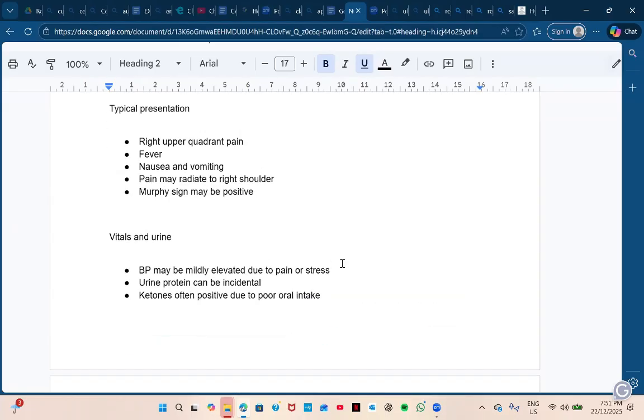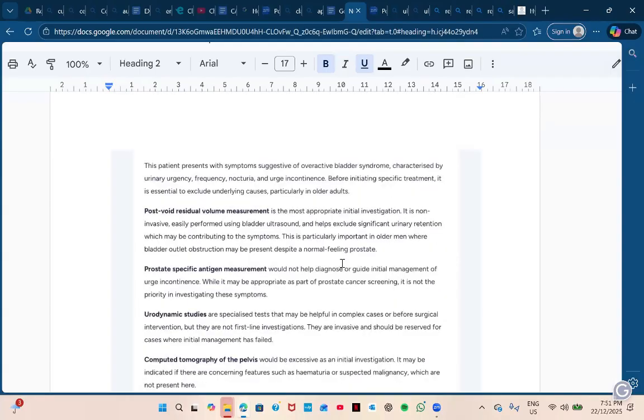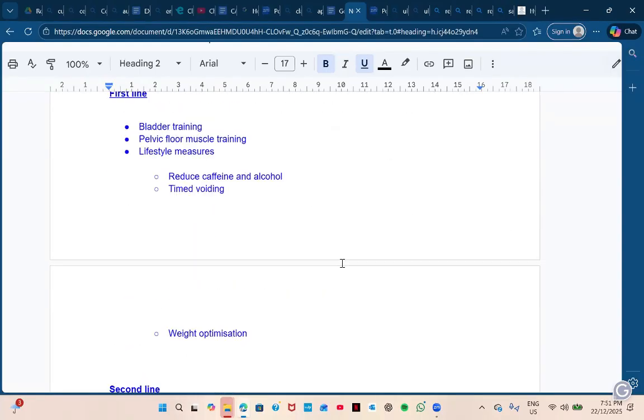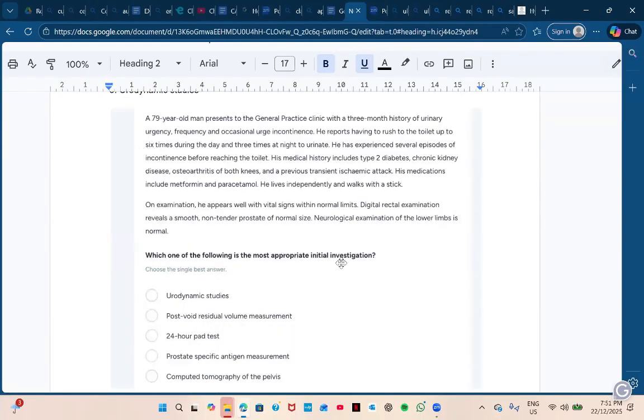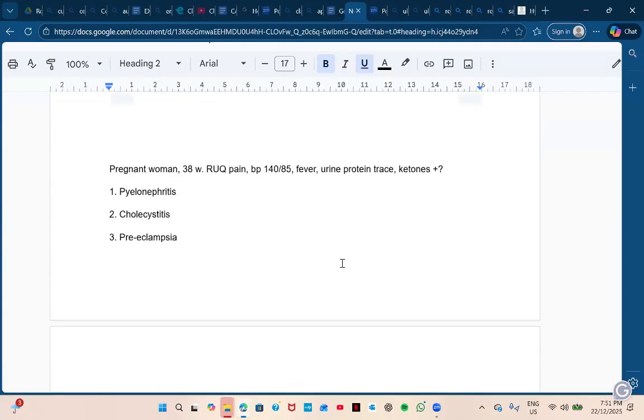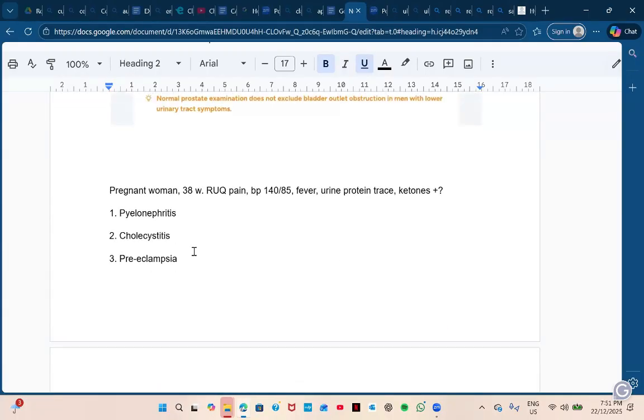Considering this fever part, we can go with cholecystitis, but we don't know the proper question, right? So please make sure you know how preeclampsia, pyelonephritis, and cholecystitis present in pregnancy, and what the treatment options are.